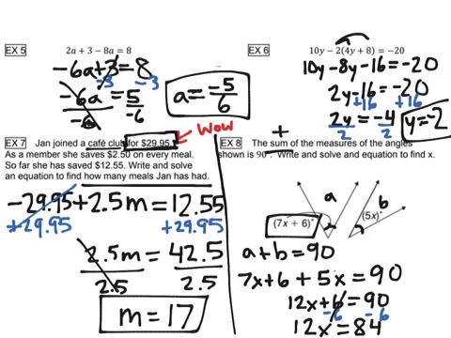And so now our last step is we have 12 times x. We're going to divide both sides by 12, and we'll get x equals 84 divided by 12, and 84 divided by 12 is 7. And that's going to be our answer for that one.